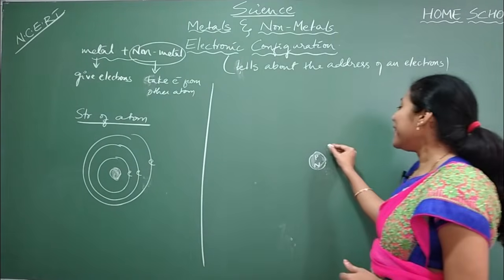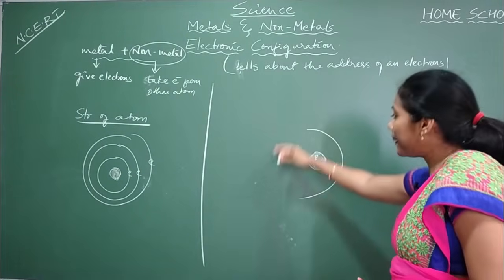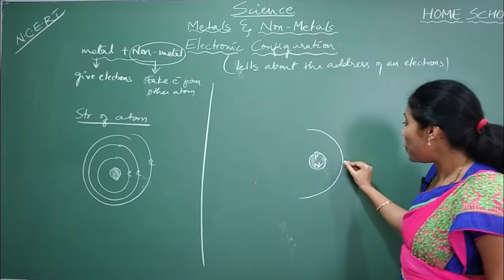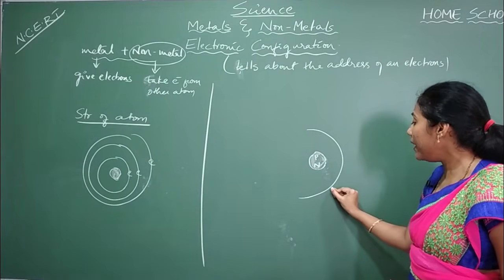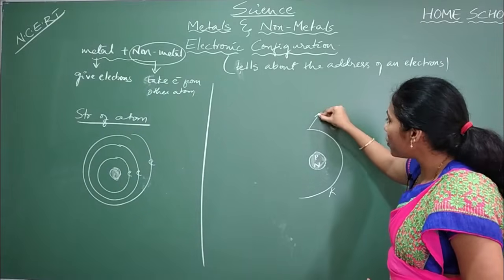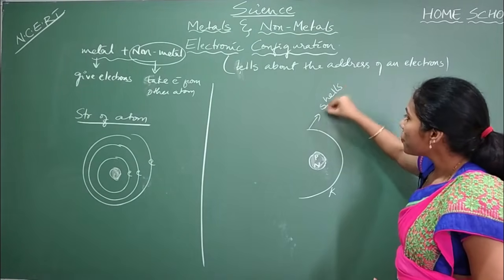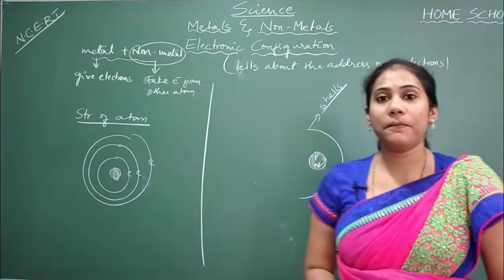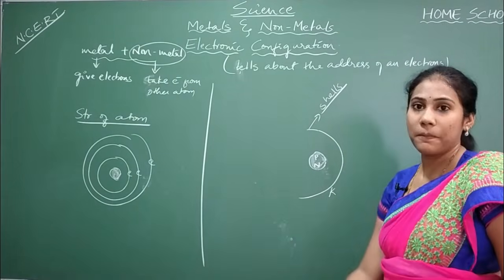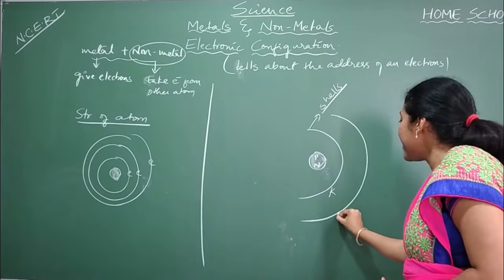Around the nucleus you have various circular orbits. Yes or no? The first orbit is called the K orbit, and these we call orbits or shells. I will use the word shell. So the first shell's name is K shell, and the second shell's name is L shell.